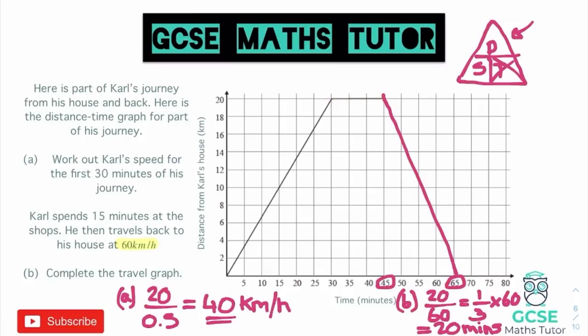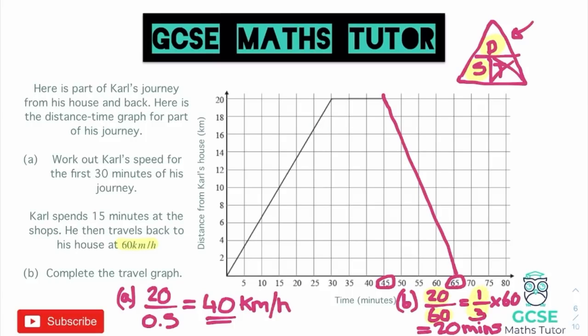Now obviously the difficult part on this question was that completion part, so let's just run over that again. We spend 15 minutes at the shops and then travel back at 60 kilometers per hour. So we took the distance, which we got from our formula triangle, and we divided it by speed. 20 was our distance from home, 60 was our speed given to us in the question, and that came out as a third.